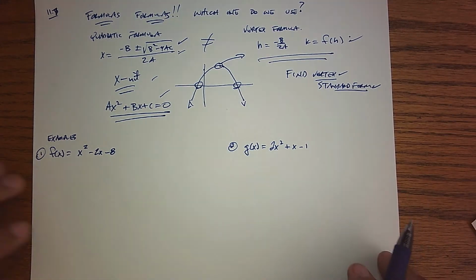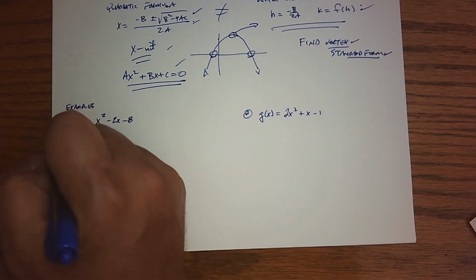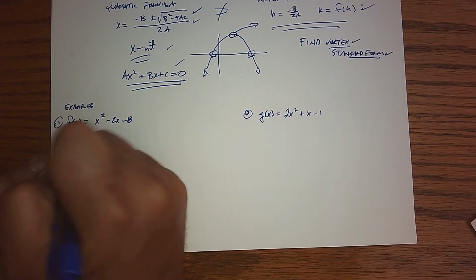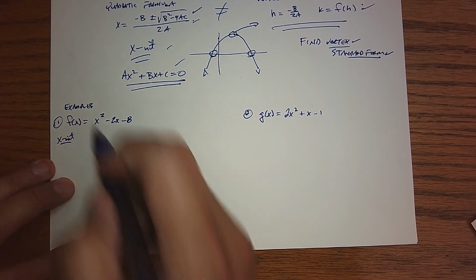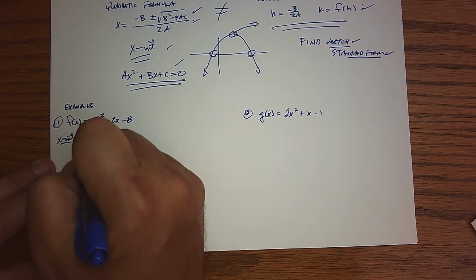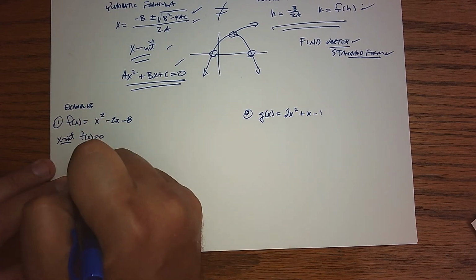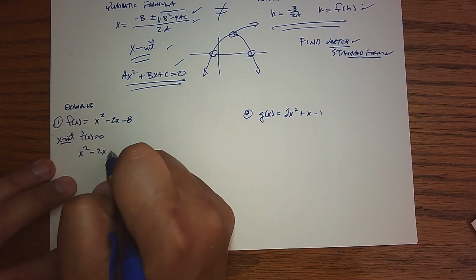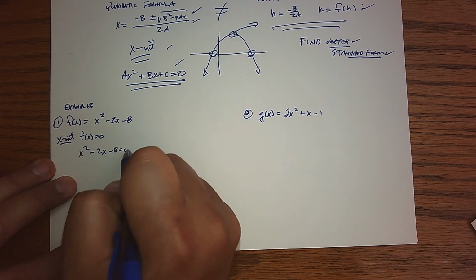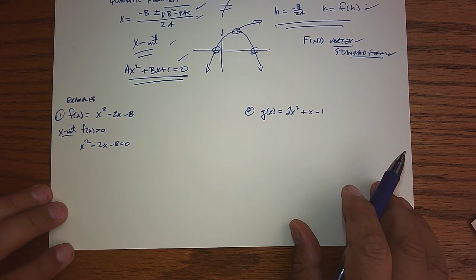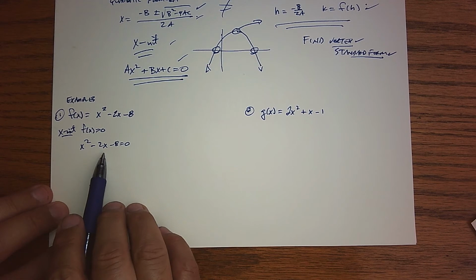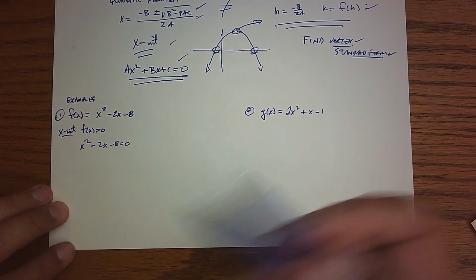And then just as examples, let's begin by, let's say we're being asked to find the x-intercepts here. Again, we're going to set f of x equal to 0, which now gives us the equation x squared minus 2x minus 8 equals 0. For those who are pretty adept, we can actually do this by factoring, but let's just go ahead and use our formula.